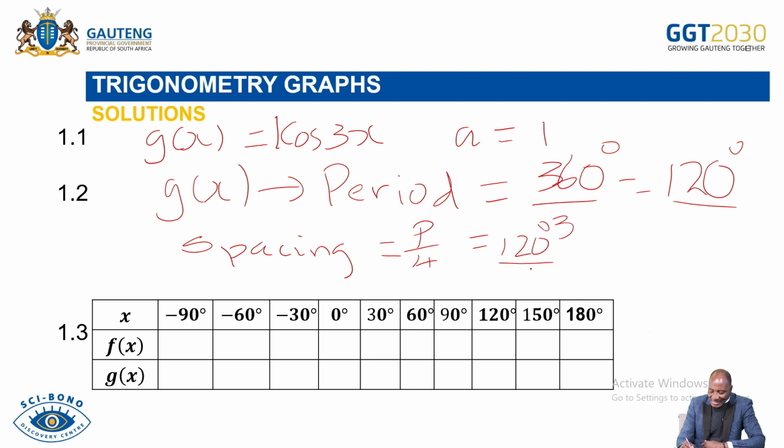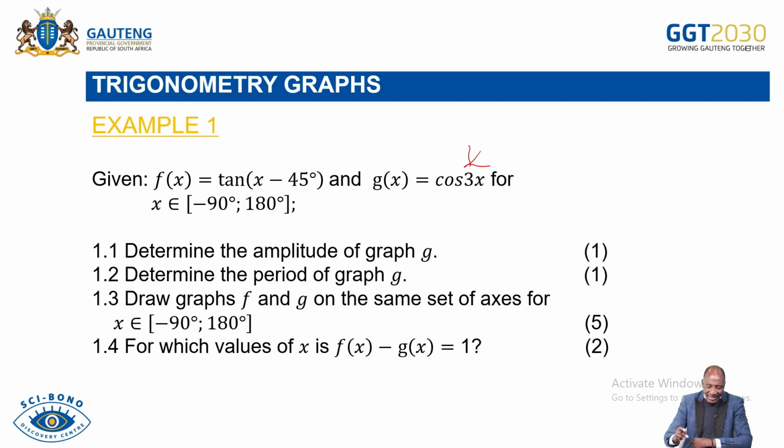We divide this by 4, it will come to 30 degrees, and hence I chose 30 degrees to space out my angles. Otherwise, if you check the tangent graph, there is a shift of 45 degrees. So to accommodate both functions, I would rather move with a smaller value, which is 30 degrees in this case.